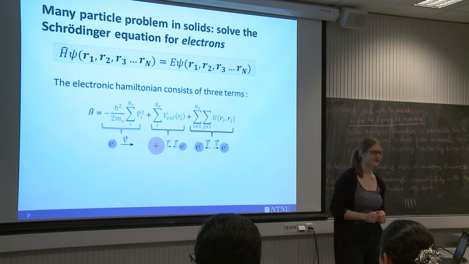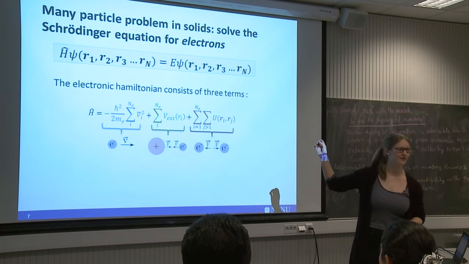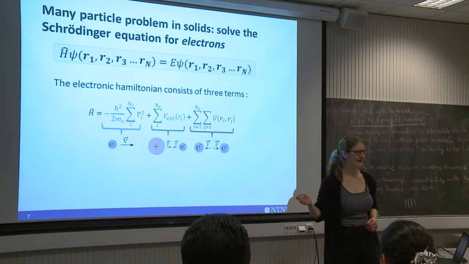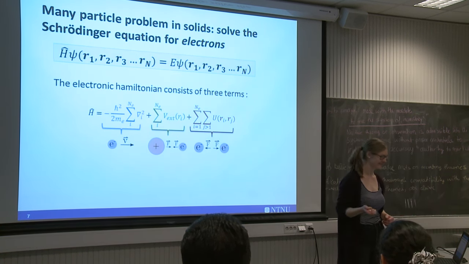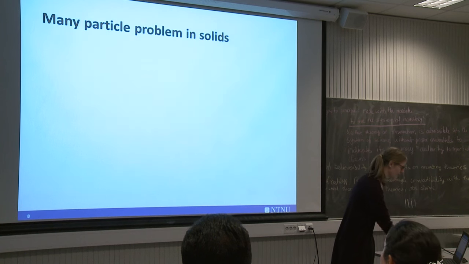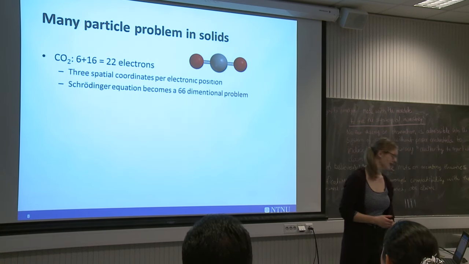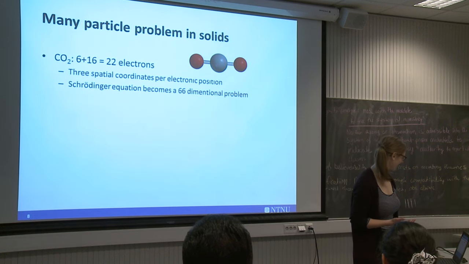But let's just pause a bit and think of how big of a problem this turns out, how fast this escalates in terms of dimensions of the problem. So, okay, real materials. Let's take an easy, small example. Let's look at carbon dioxide.